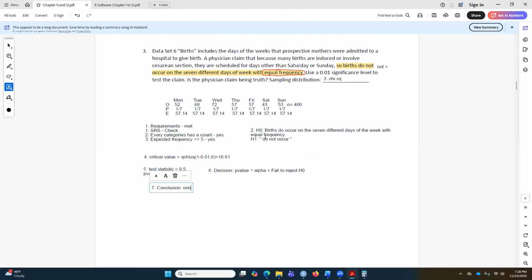Since your original claim does not have the equal sign, which is the word not equal to, and we fail to reject your null hypothesis. So are we doing number 1, number 2, or 3, or 4 here?